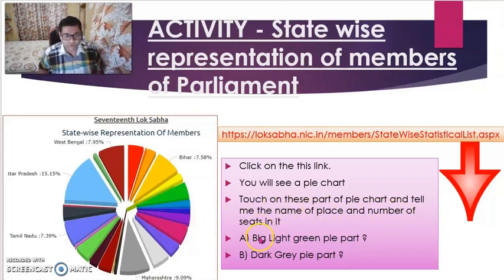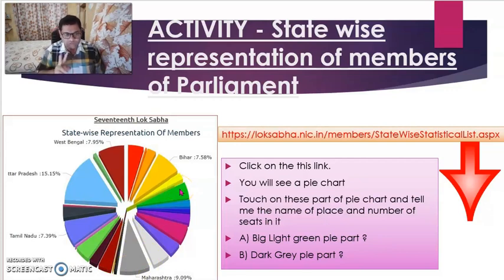So you have to tell me the number of this one, big light green pie chart part, and this part down below, dark grey pie part. So what is this? You have to tell me which state and how much percentage and how many seats are in this grey part and this green part.